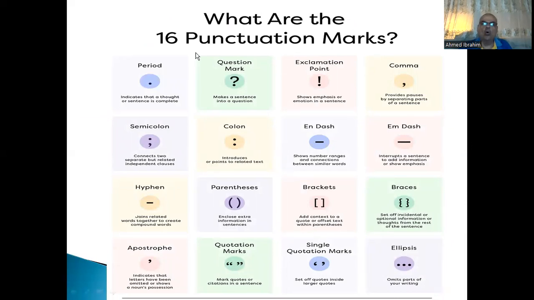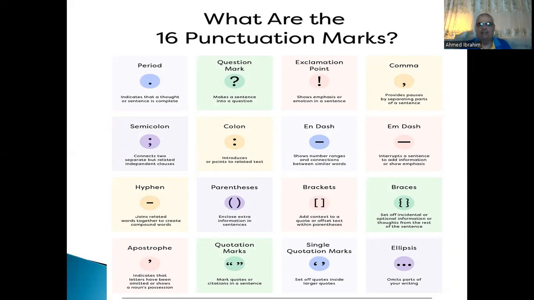Okay, this is all 16 punctuation marks together. It's a very good way to revise them. This is a summary of all of them, all the punctuation marks in English.